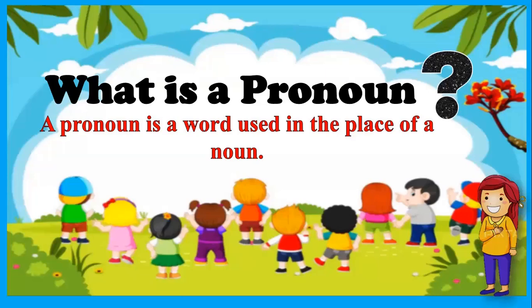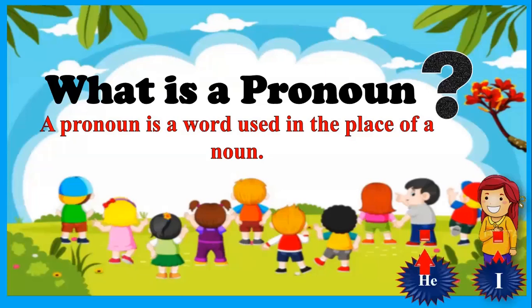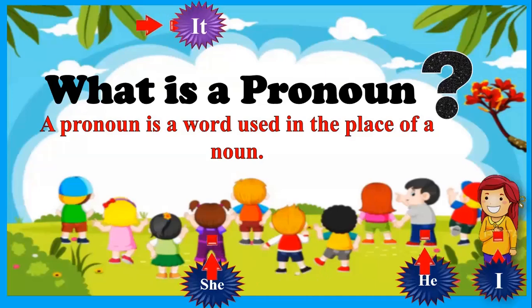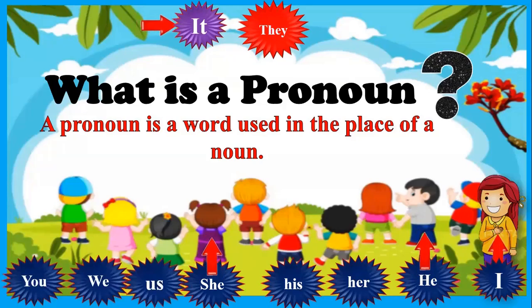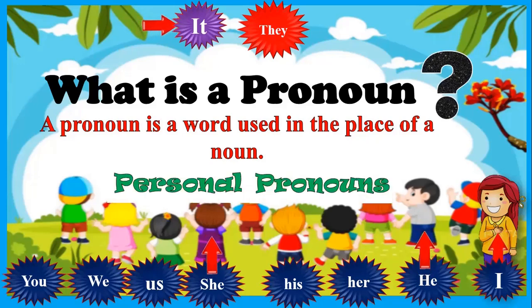And some of the pronouns in the English language are I, he, she, it, his, her, they, we, you, and us. Since these pronouns are used to represent a person, place, thing, or animal, they are also called personal pronouns.